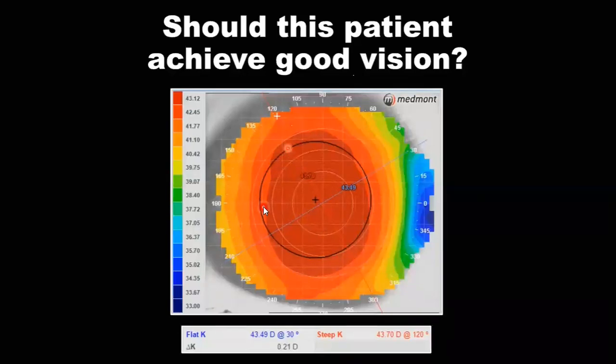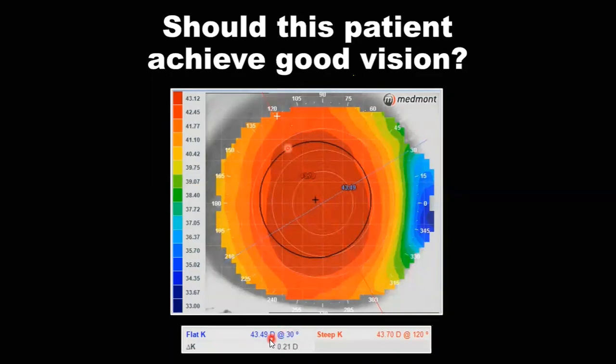If you concentrate on this area and take this horizontal and vertical, in both meridians the color intensity is kind of uniform. Even if you consider the whole cornea, in both meridians, the color coding is very uniform. So what does this show? This cornea is a spherical cornea. This cornea does not have astigmatism.